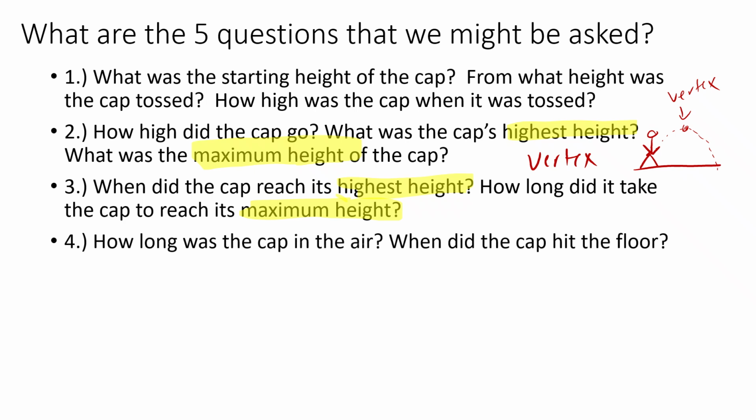Fourth question, how long was the cap in the air, or when did the cap hit the floor? If you were dealing with that horizontal distance instead of the time, it could be where does the cap hit the floor, or how far is the cap from you when it lands? Those would be different variations on that.